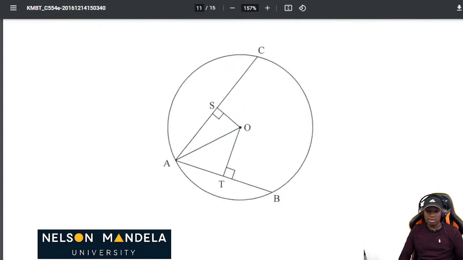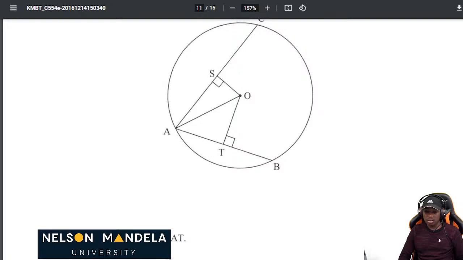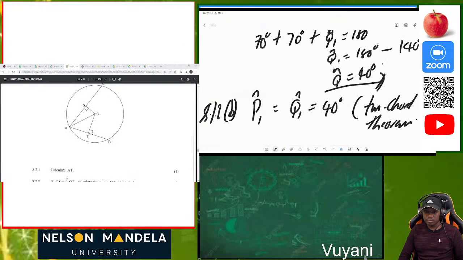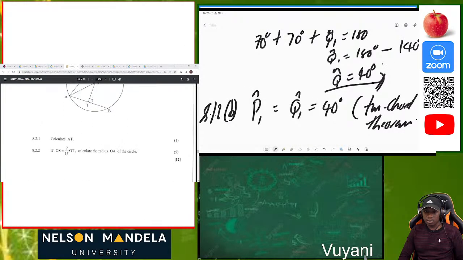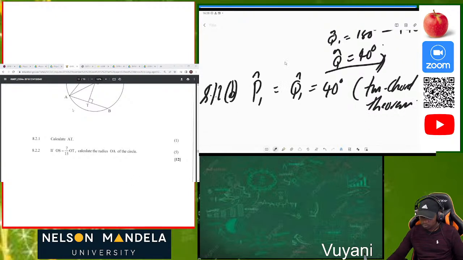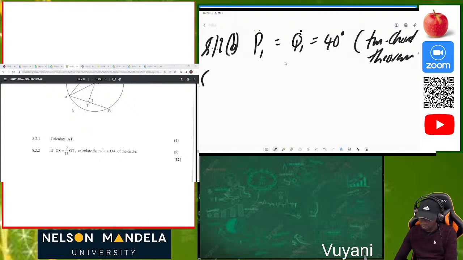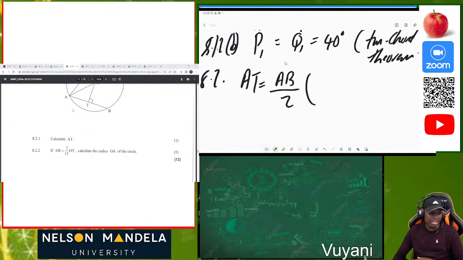Let's write it down. 8.2.1. AT will be equal to AB divided by 2. Why did we say that?